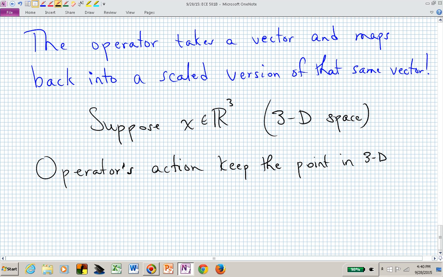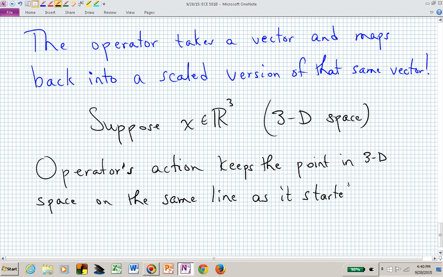The operator's action keeps the point in 3D space on the same line as it started on. Here I'm assuming that we have a real eigenvalue and a real eigenvector.